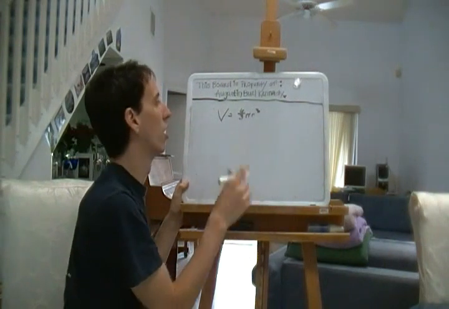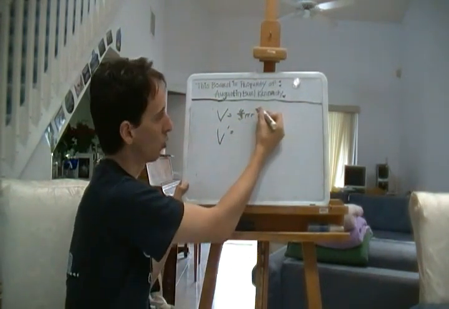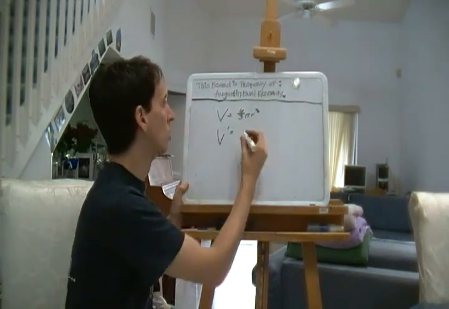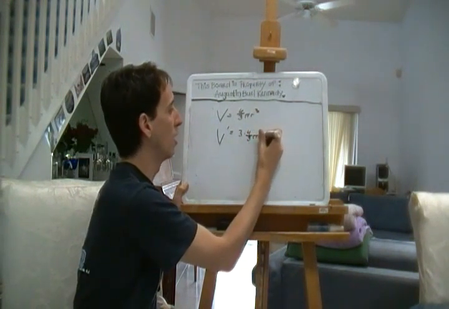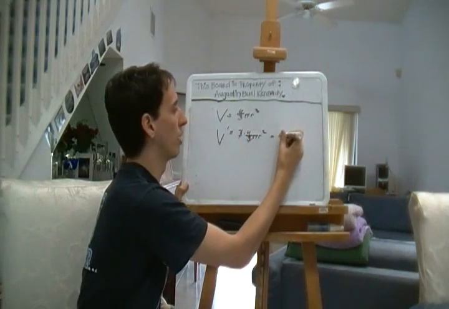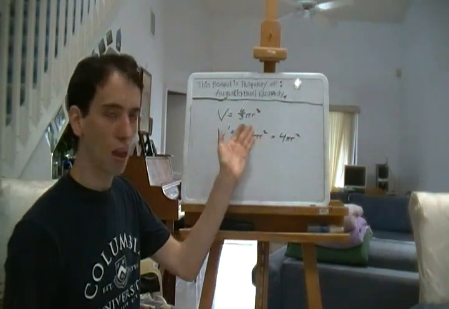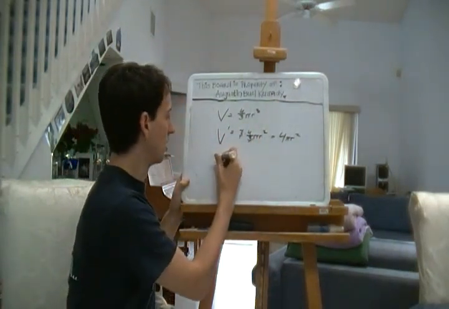Well, this isn't too hard. Pi is just a number, so taking the power rule on r cubed, it's going to be 3 times 4/3 pi r squared. And you'll see that the 3's cancel, and we get 4 pi r squared. That's V prime.